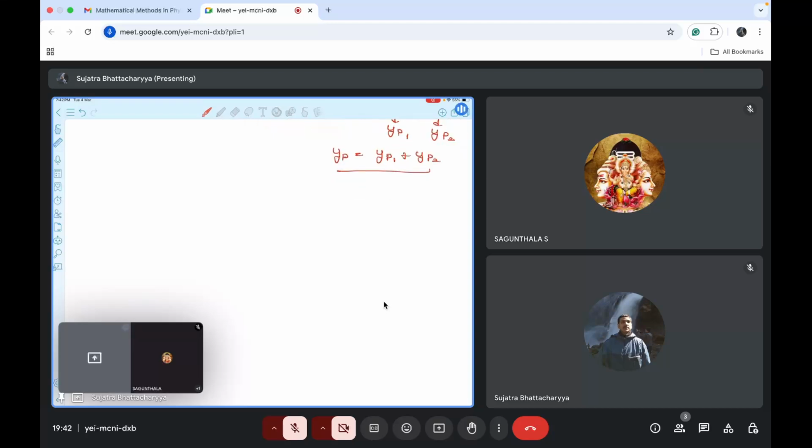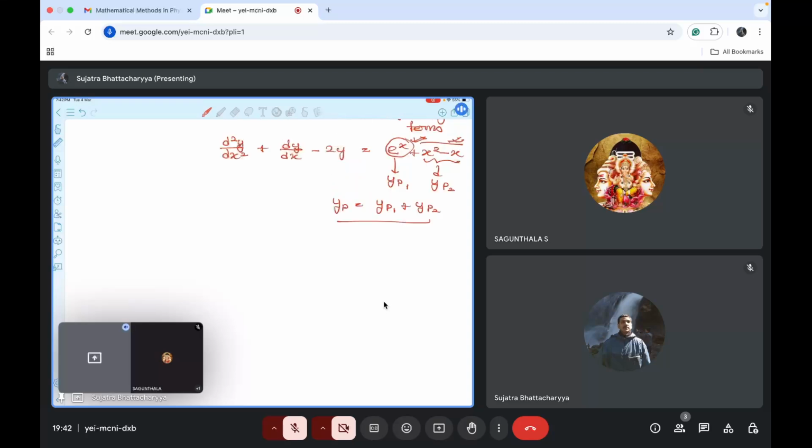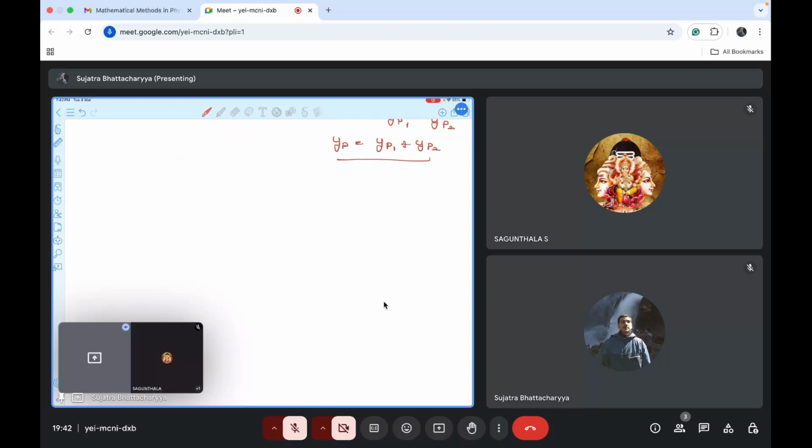So let's take this example and proceed. The question is: find the particular solution for the following ODE, which is d2y by dx2 plus dy dx minus 2y is equal to e to the power x plus x square minus x.